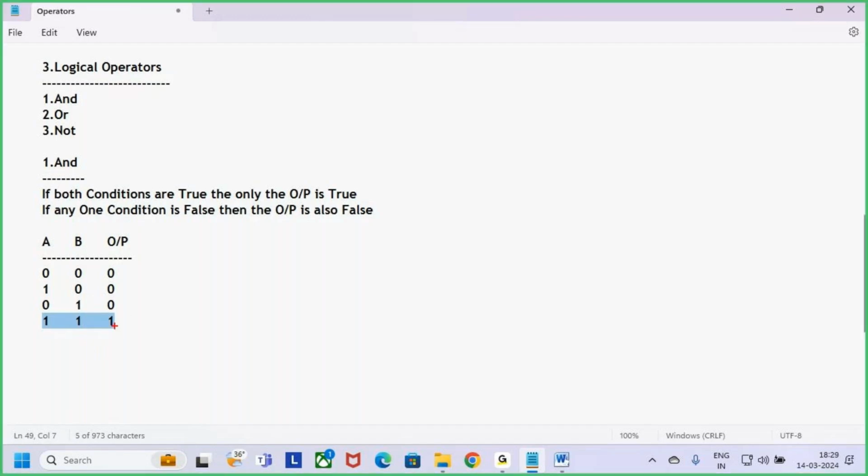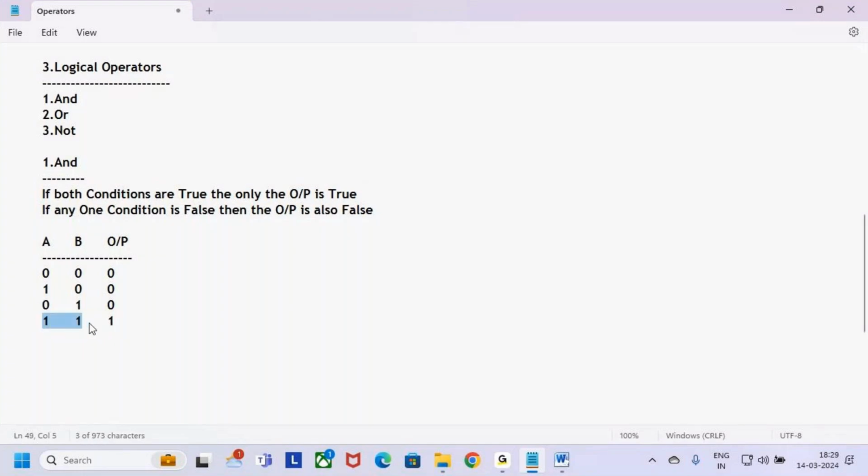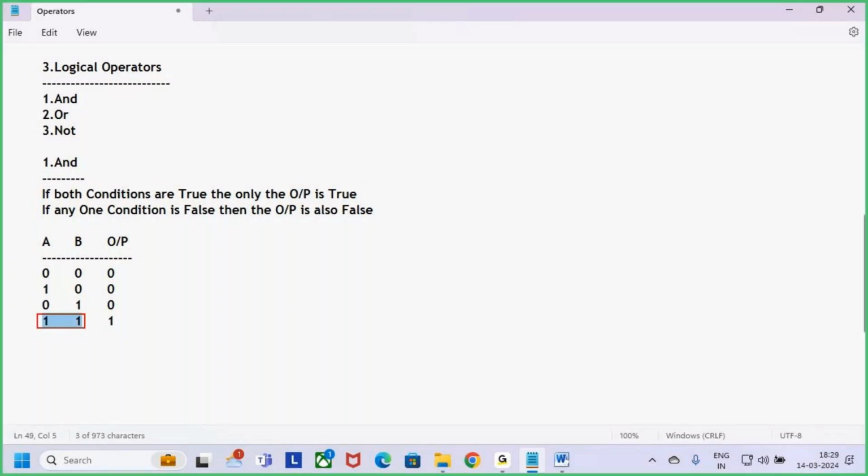I said that when the output is true in the AND operator is if both the conditions, whatever conditions you are defining, if both the conditions are true, then only the output is true. If you see here, my first condition is true, second condition is also true. If both the conditions are true, then the output is also true.